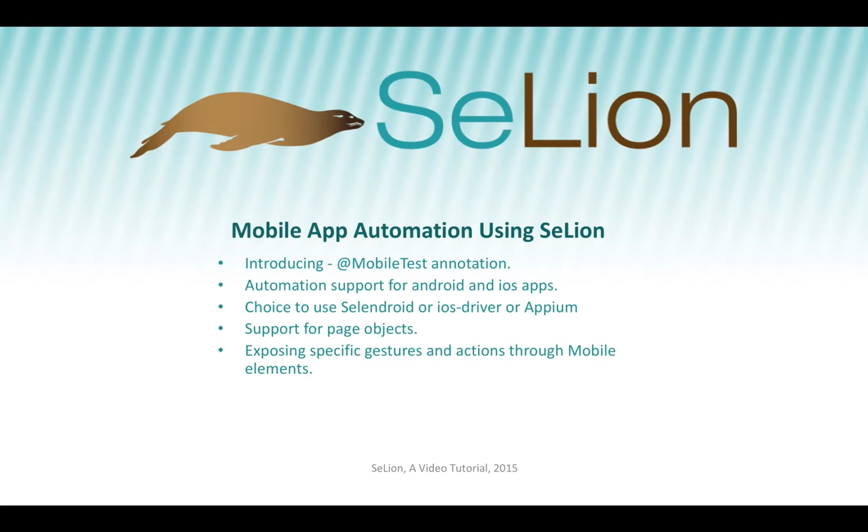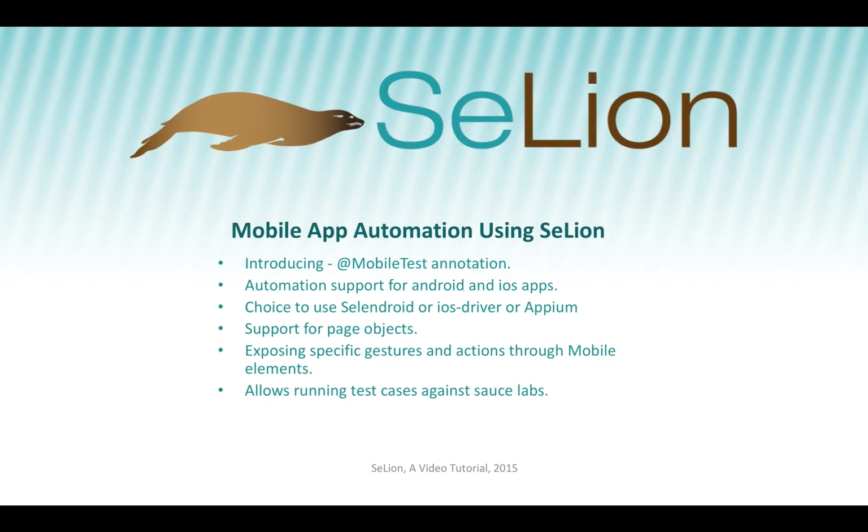In case of SeLion, these generic elements that are recognized are mapped to specific element names, and the actions and gestures are exposed via such elements. More of it later. And using SeLion, you can also run your mobile app automation against Sauce Labs.